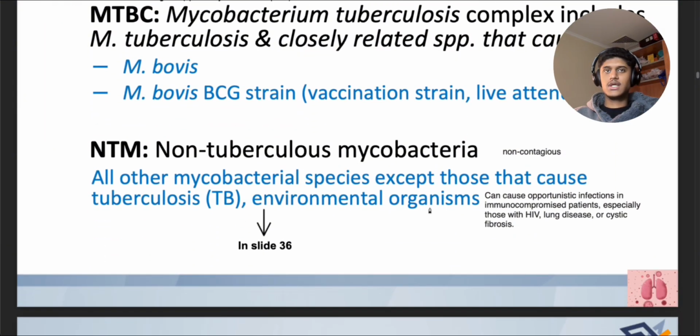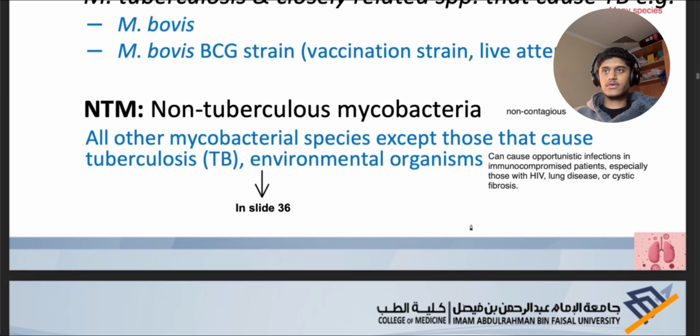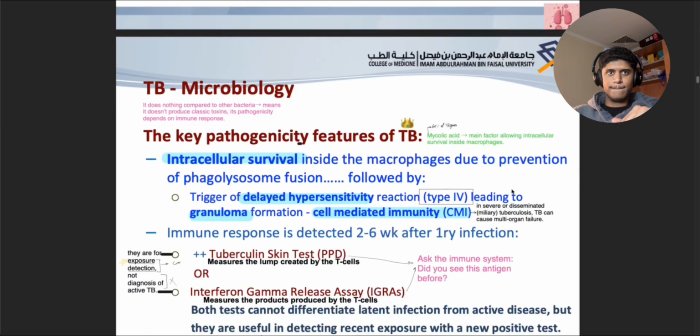And as we said, all other mycobacterial species except those that cause tuberculosis come from environmental organisms, which we will discuss further, and can cause opportunistic infections, especially in immunocompromised patients, which we will see later on.